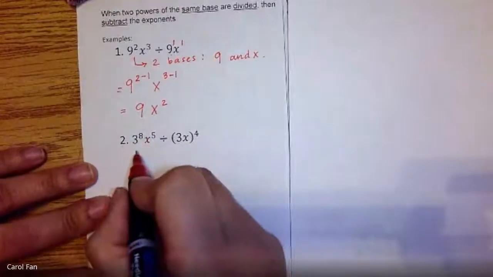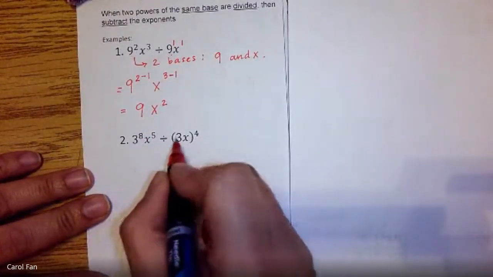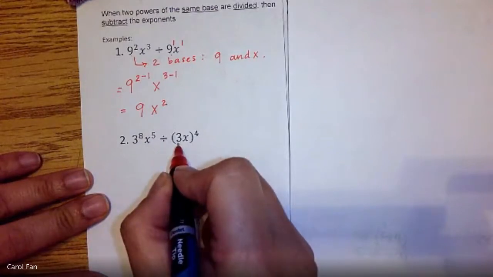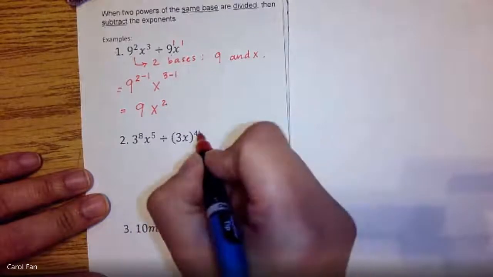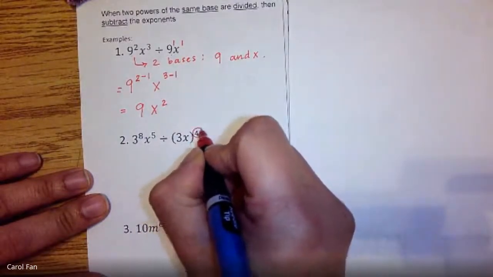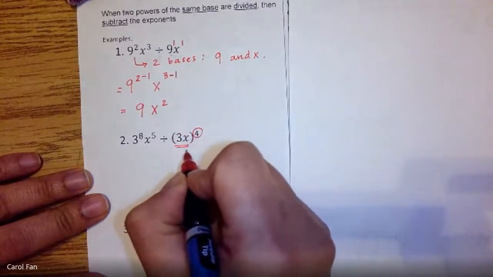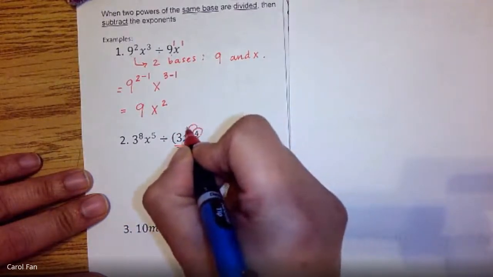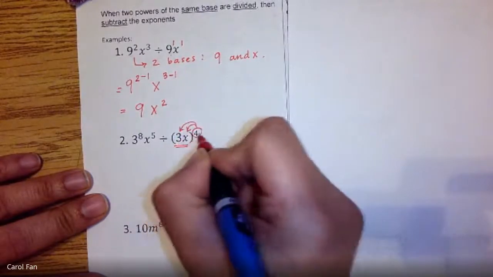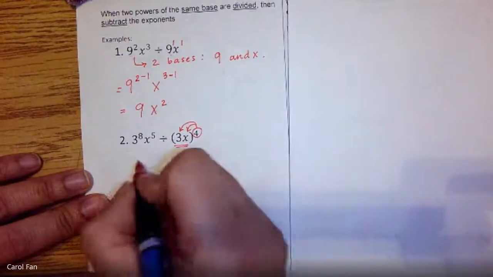Now, our second example, I have 3 to the power of 8, x to the power of 5, divided by bracket 3x to the power of 4. Now, like I said, if I have a bracket, this is the term that is directly in front of the exponent. So my exponent 4 is applied to both the base 3 and base x.